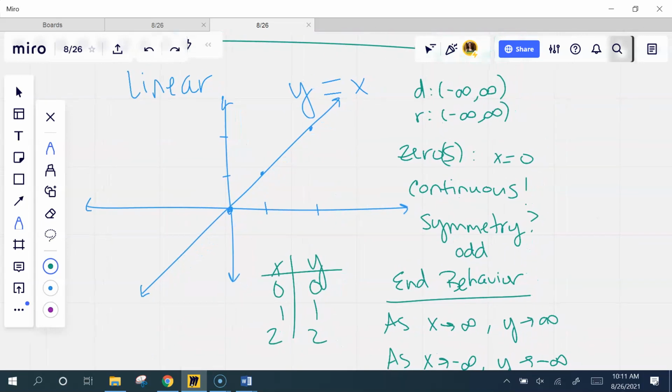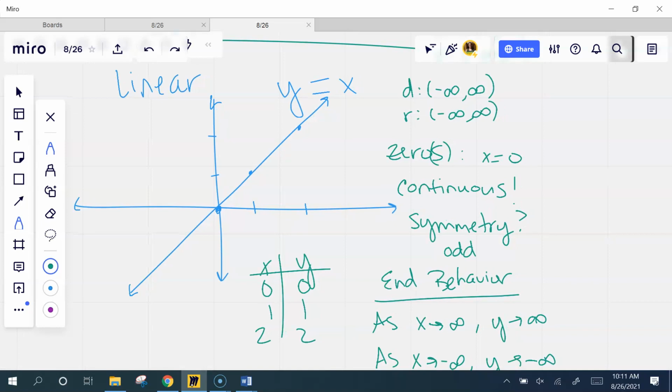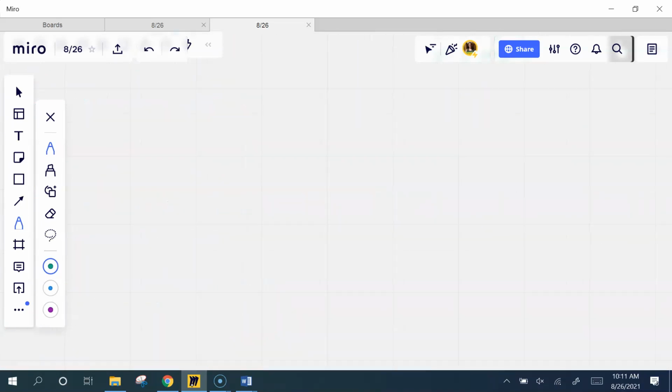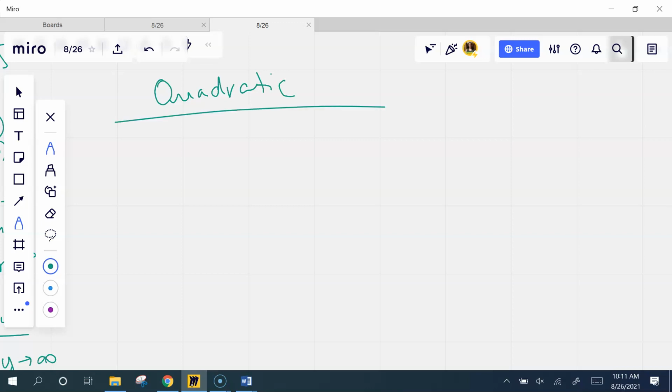Ready to do the next one? Yes, Mr. Okay, guys. Let's do the quadratic. This one is y equals x squared. What does that look like? It's a parabola.